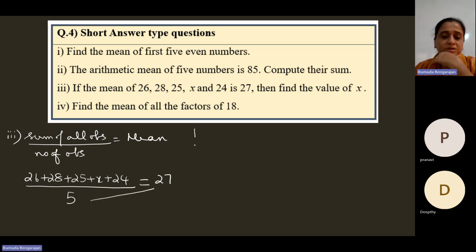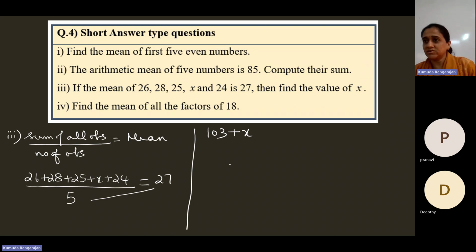In the numerator, what's the sum of 26, 28, 25, and 24? 26 and 28 is 54, 64, 74, 79, 89, 99, and 103. Correct. The sum of the 4 numbers is 103.